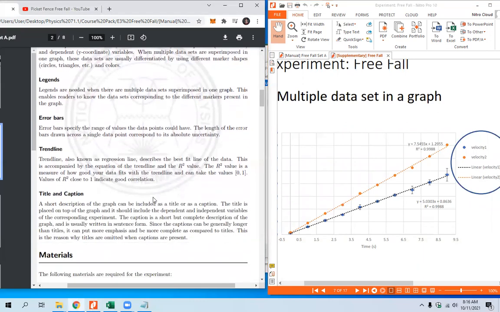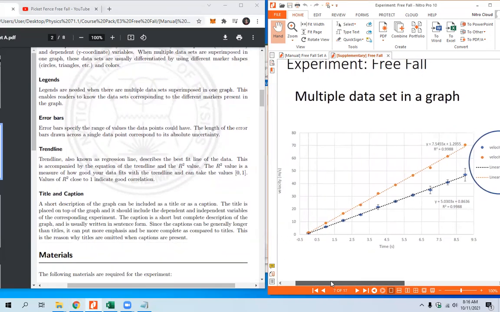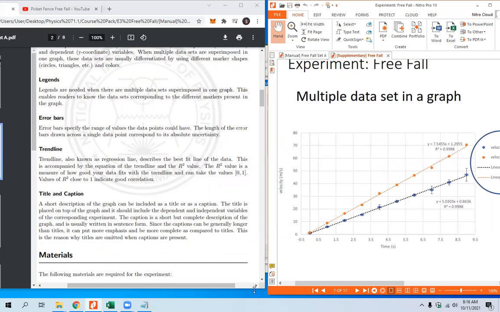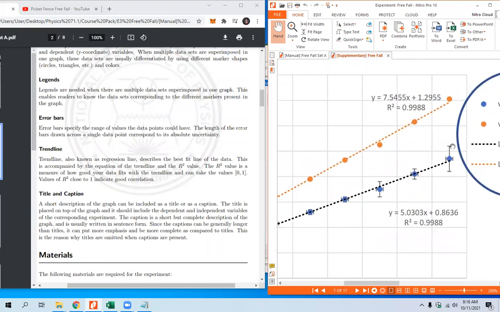Next are your error bars. Ang error bars, well, it's basically just the graphical representation ng uncertainty ninyo. Ang error bars ito, itong mga parang black na letter I. So merong horizontal and vertical. So lagi silang nakapalibot sa isang data point.